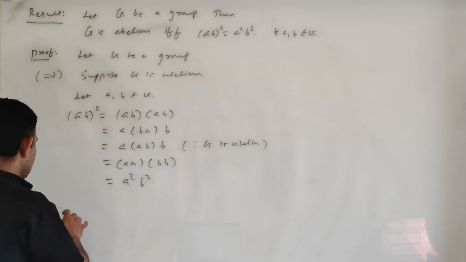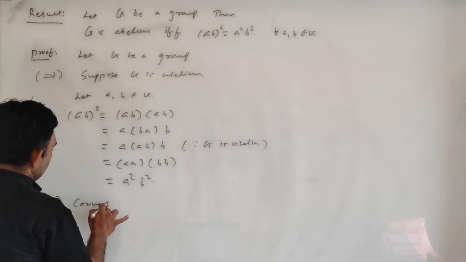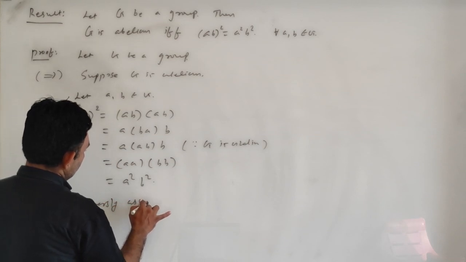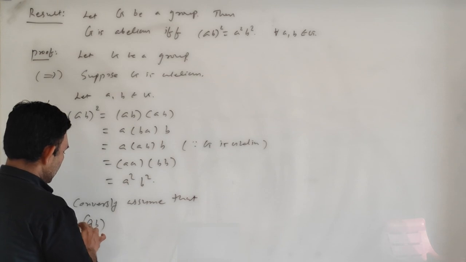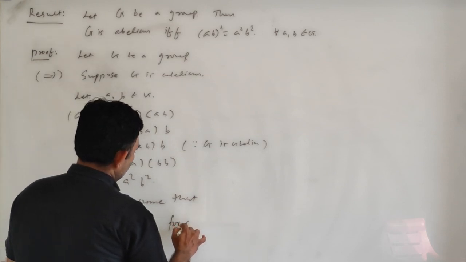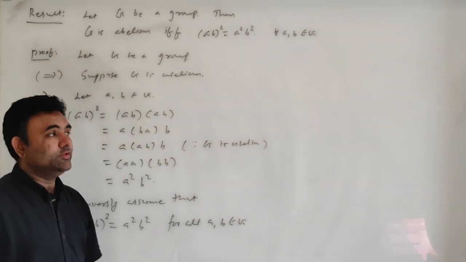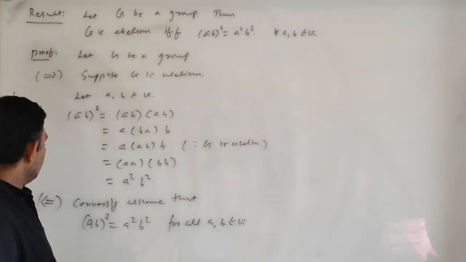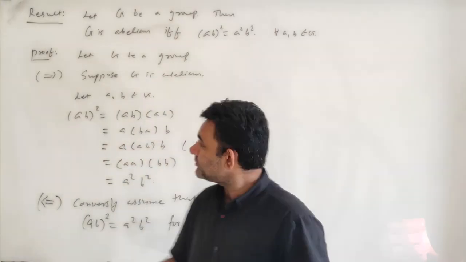Now conversely, assume that (ab)^2 is equal to a^2 b^2 for all a, b belonging to G. Okay. So now what do we want to prove? What is our claim?